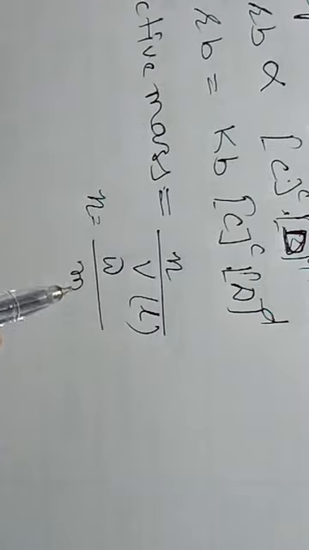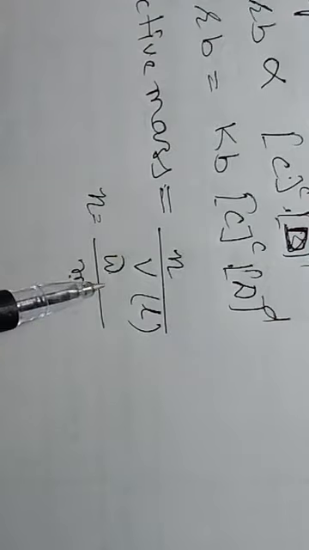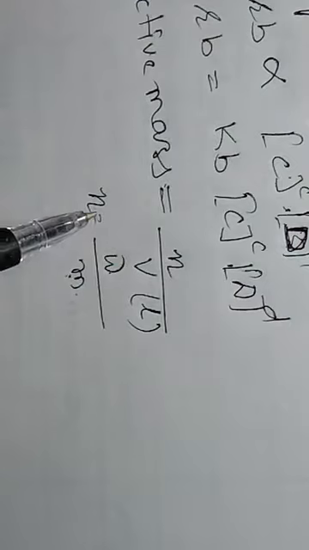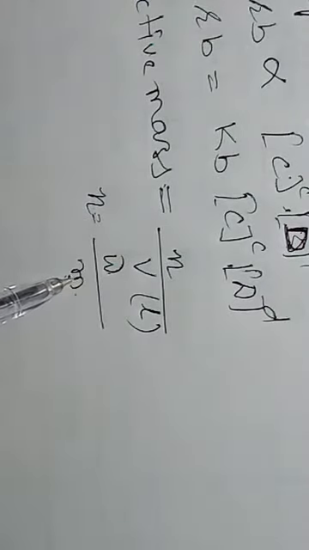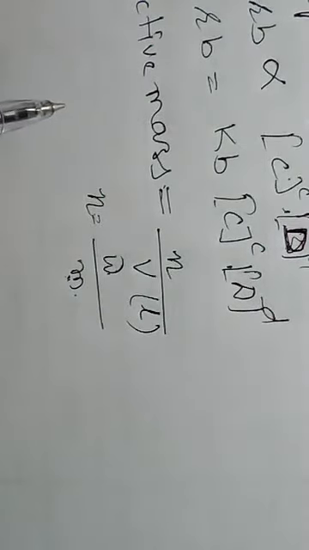If the substance is molecular in nature, then this should be molecular mass, and if it is atomic, then it should be atomic mass. So the number of moles n will be given mass divided by atomic or molecular mass, and active mass is the number of moles divided by the volume of solution in liters.